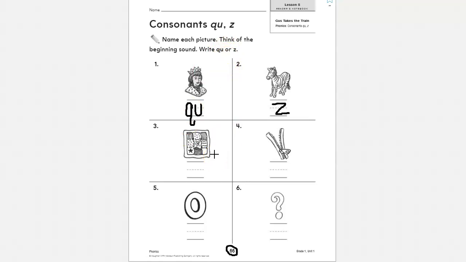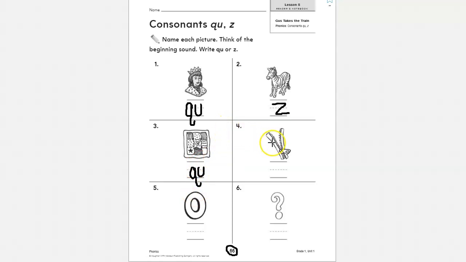Quilt begins with the Q-U sound, the qu in quilt. We are going to write Q-U for quilt.